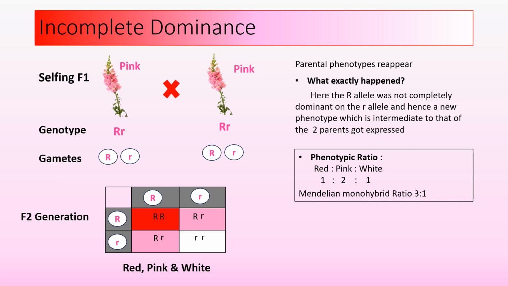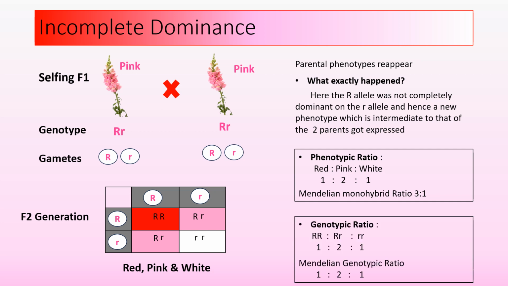In case of the Mendelian monohybrid ratio, the phenotypic ratio is 3:1. Now looking at the genotypic ratio, capital R capital R to capital R small r to small r small r is 1:2:1 respectively, which is similar to the Mendelian genotypic ratio also. So in incomplete dominance, both the phenotypic ratio as well as the genotypic ratio is 1:2:1.